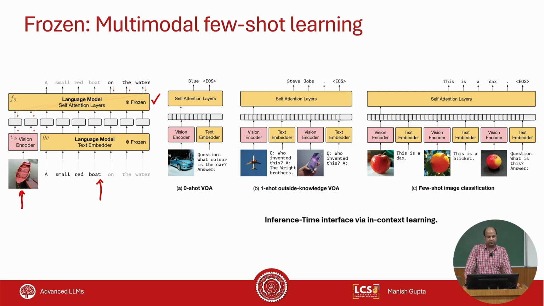That's what the Frozen model does. The name itself is so explicit: I'm going to freeze my embedding model, and I'm surely going to freeze my text part completely, and all I'm going to do is take the input image and project it to the dimensions.